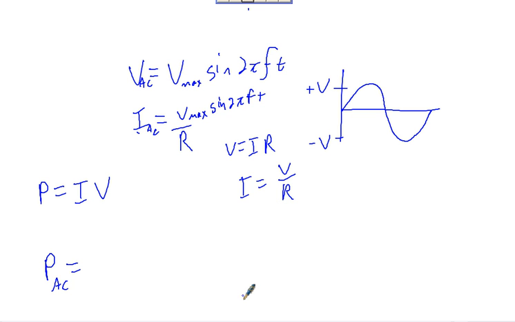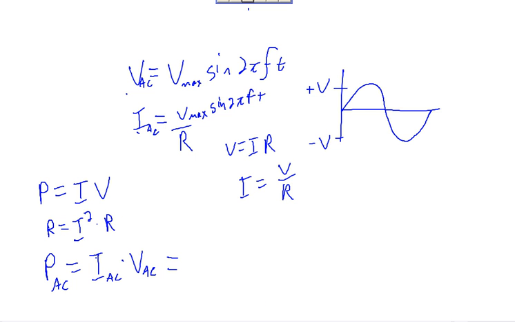So now if we want the power, the power of the AC circuit is the AC current times the AC voltage. And the way your book writes it down, because remember, we can also say that power is current squared times resistance.